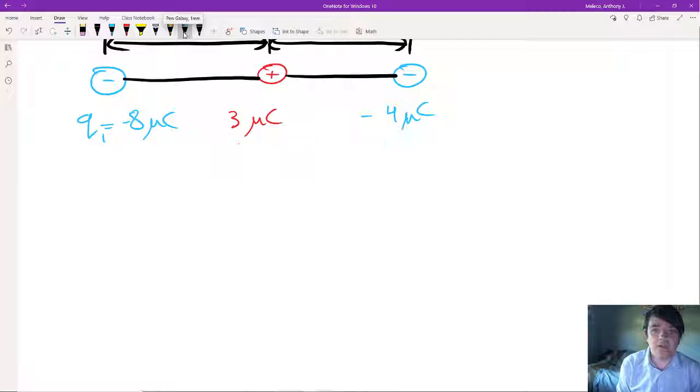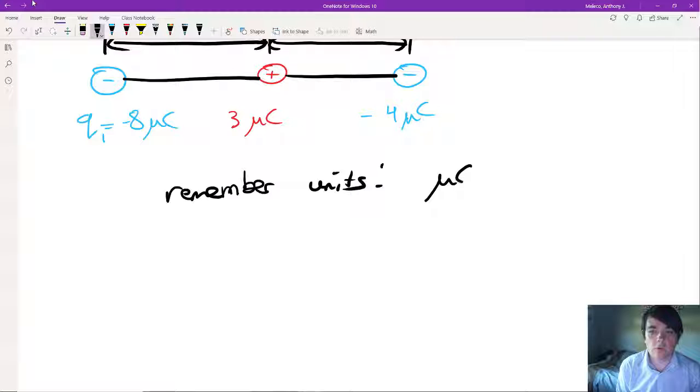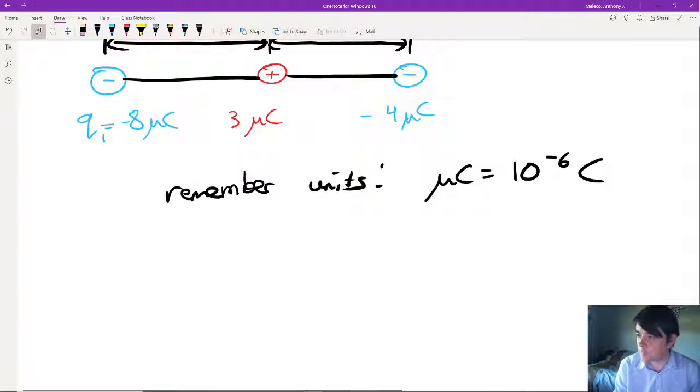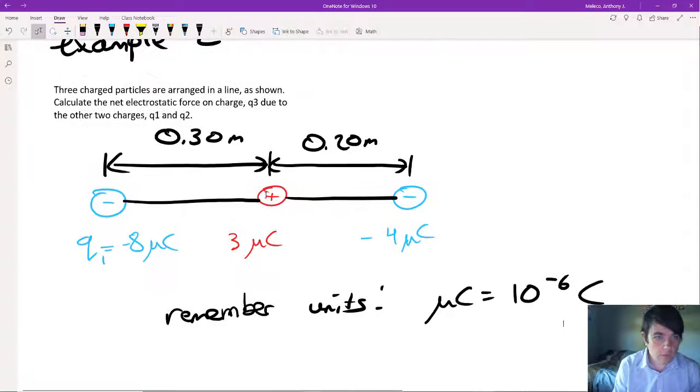Here, I'll make this a little less confusing. Okay. So all right, remember units: microcoulombs equals 10 to the minus 6 coulombs. Okay. So we want the net electrostatic force on charge Q3. Oh, I forgot to write. Sorry.